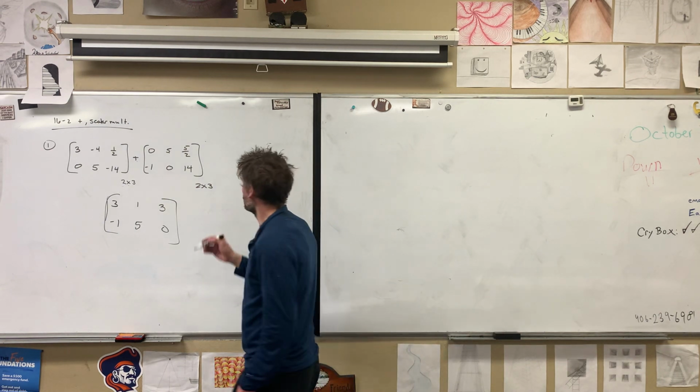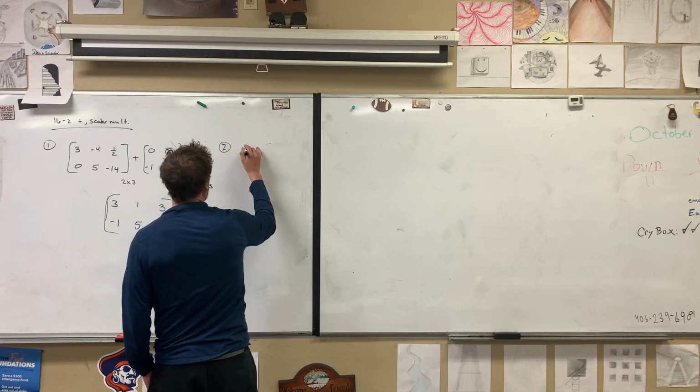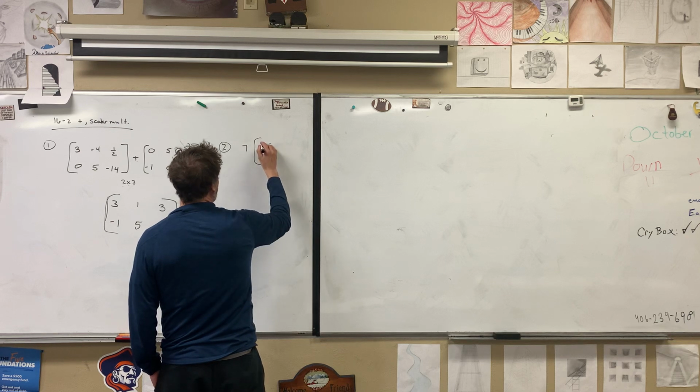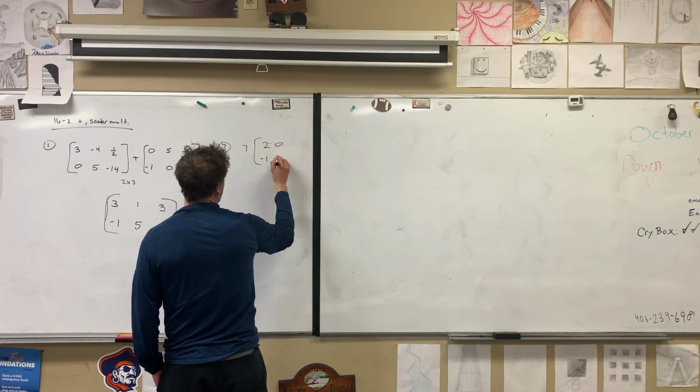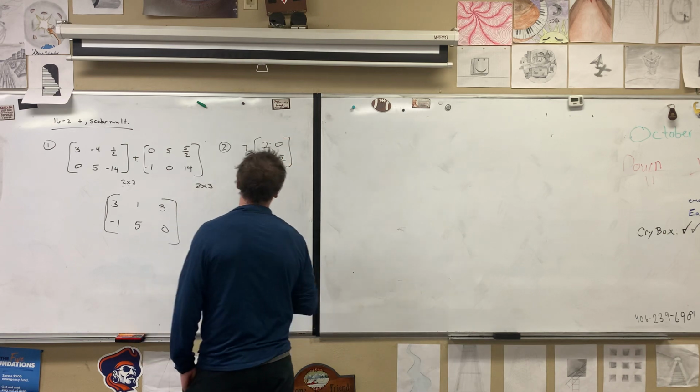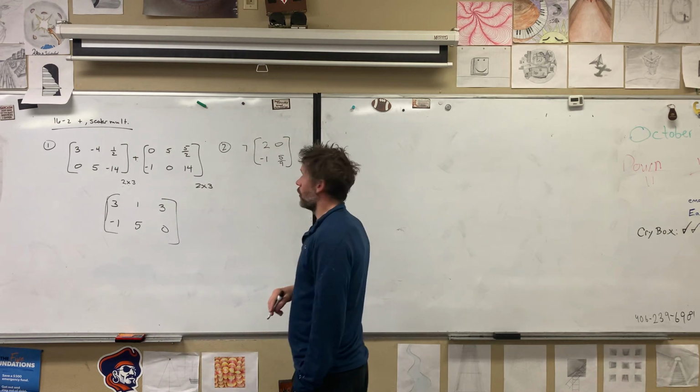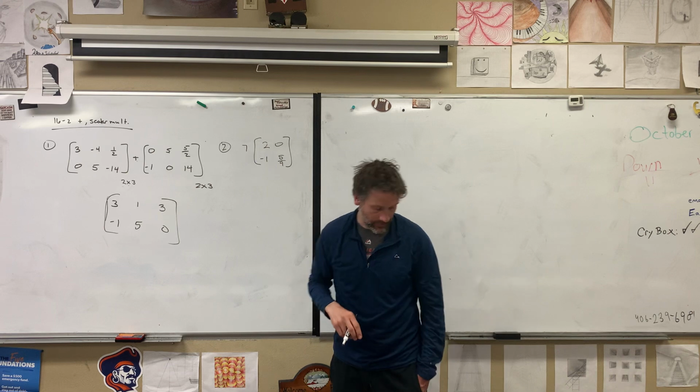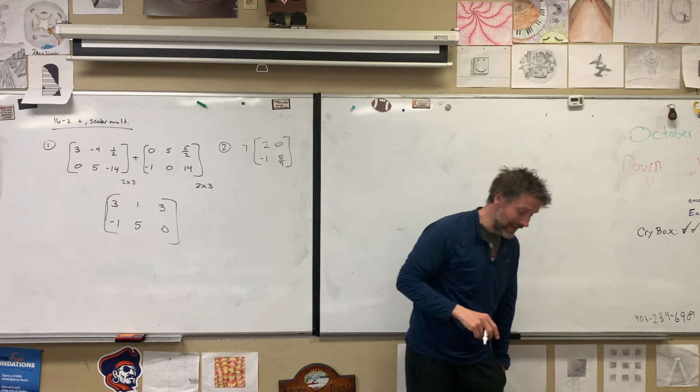Okay, so then scalar multiplication, let's just do one like this. If you have 7 and then 2, 0, negative 1, and 5/9, we'll throw a fraction in there. The 7 on the outside represents multiplication. It's 7 times that.